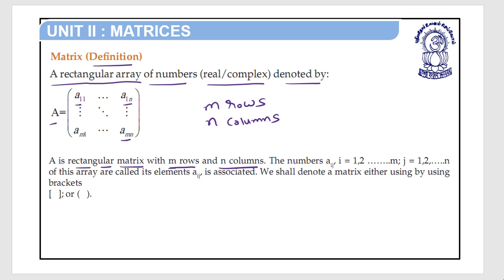The number Aij, where i is equal to 1, 2 up to m, and j is equal to 1, 2 up to n, of this array are called its elements. A11, A12, A13 up to A1n, down to Am1, Am2, Am3, Amn are called the elements of matrix. We shall denote a matrix either by using square bracket or open bracket.